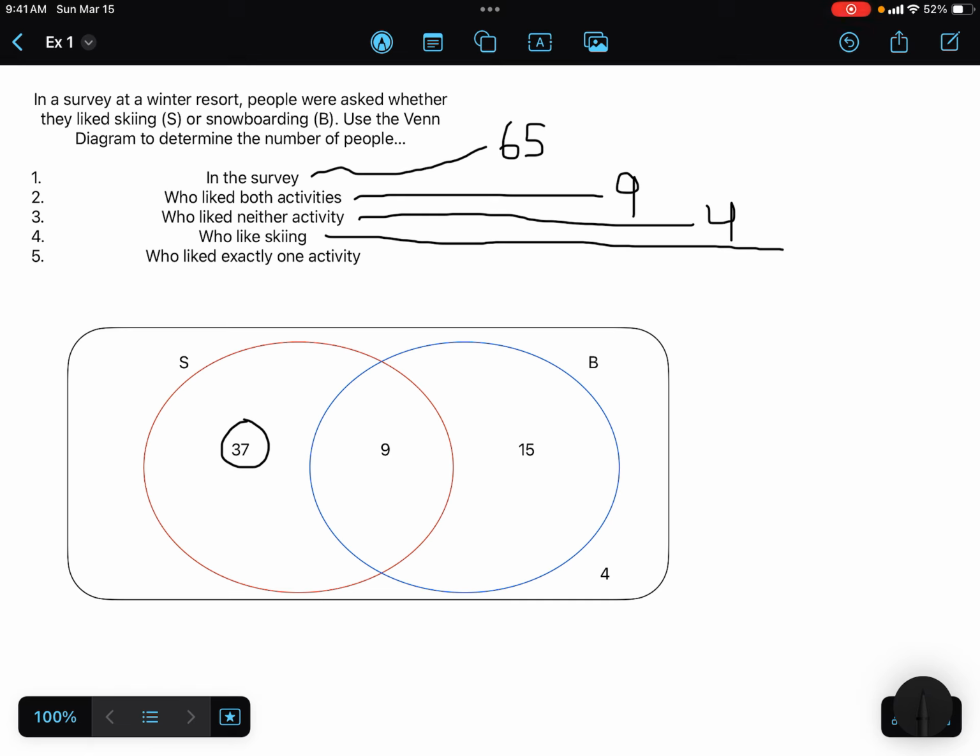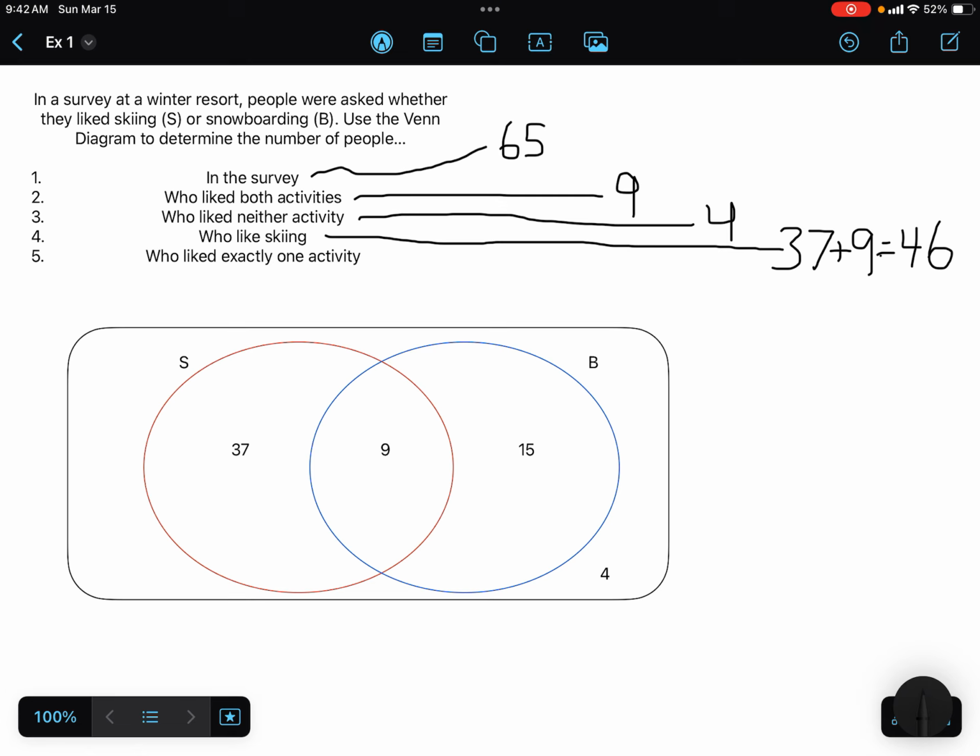So we're not only using the 37, we're also throwing in the 9. And that's the entirety of the red skiing circle. So to find that answer, we do a little computation and add up both of those parts of the red circle, the 37 plus the 9, which of course gets us 46 people out of these 65 who like skiing.